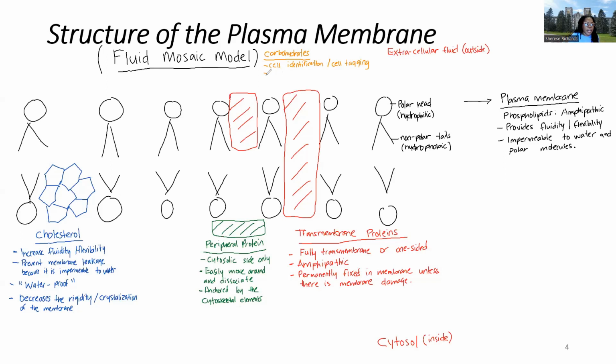The other thing is that it helps to bind either lipids or proteins, right? And as such, if we have a carbohydrate binding to a protein, here is this carbohydrate bound to this protein.